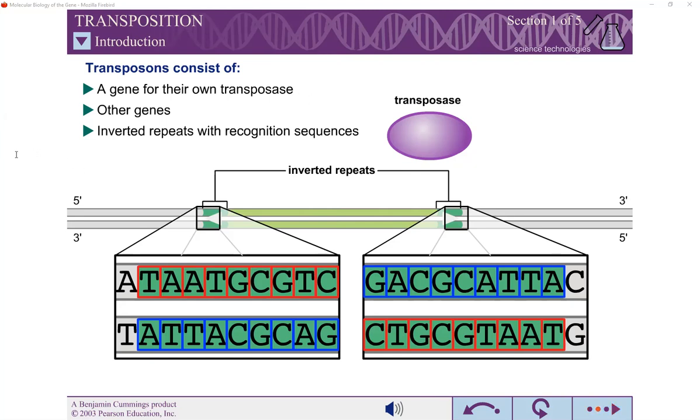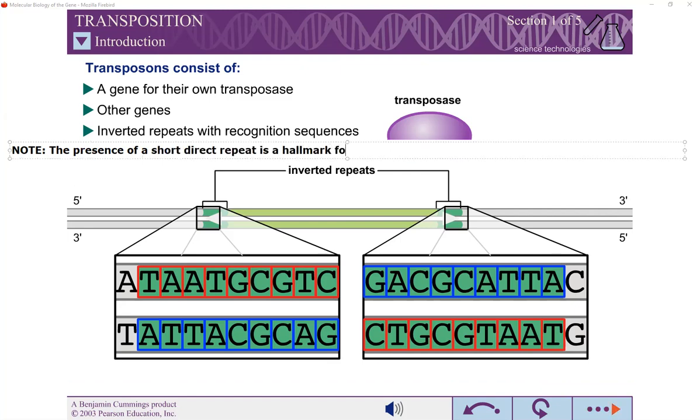Just put a note here and note this point. Note that the presence of a short direct repeat is a hallmark for the action of transposons.